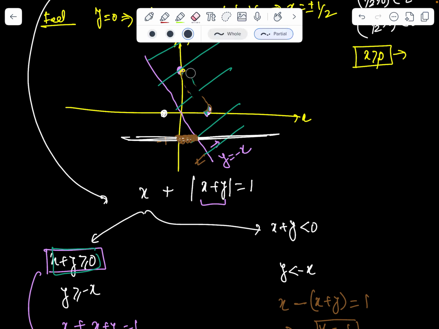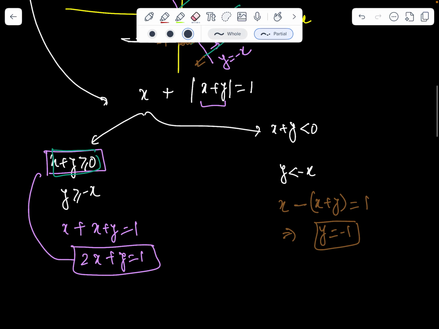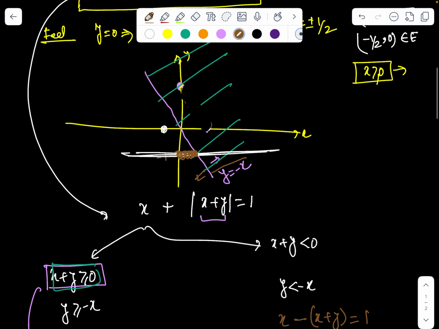Slope wise, since we know the slope of the line 2x plus y, let's now draw in a proper way. Its equation is y equals minus 2x plus 1, so the slope is minus 2, whereas the slope of this line is minus 1. So that will be steeper somewhere, right?